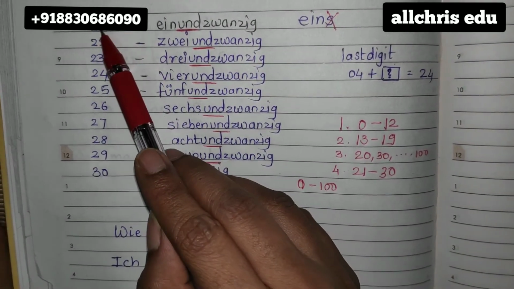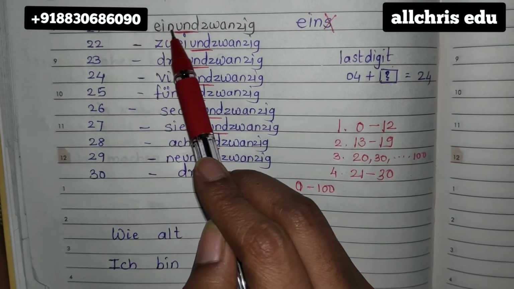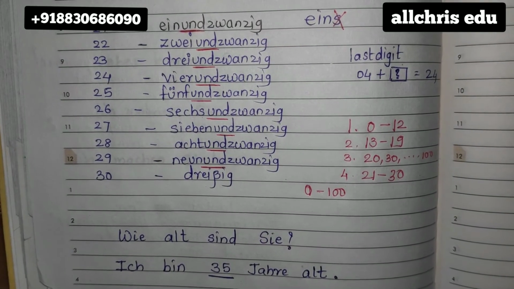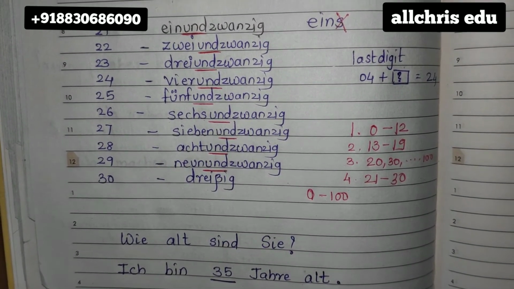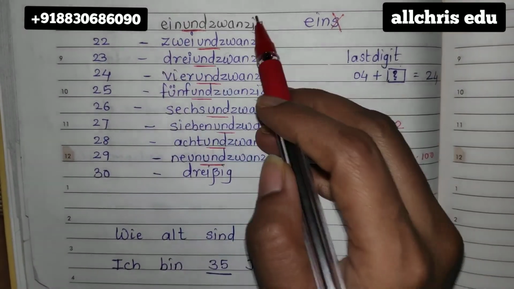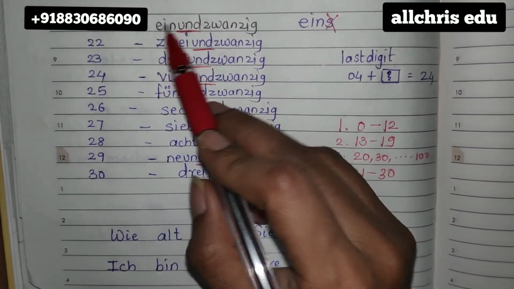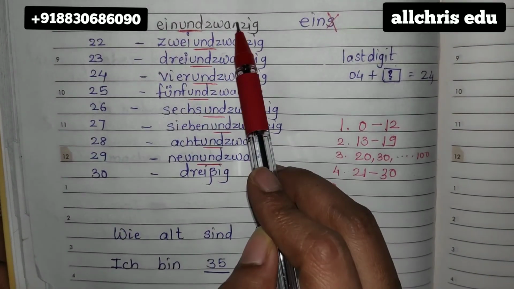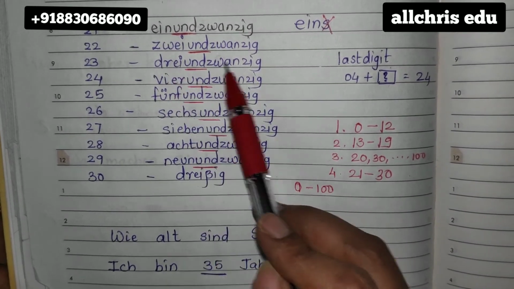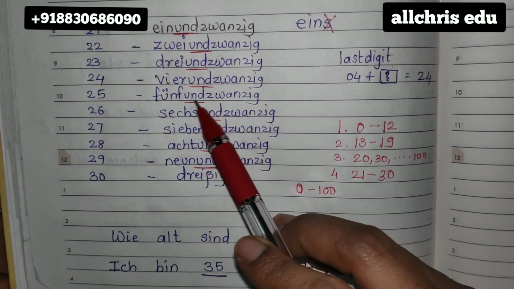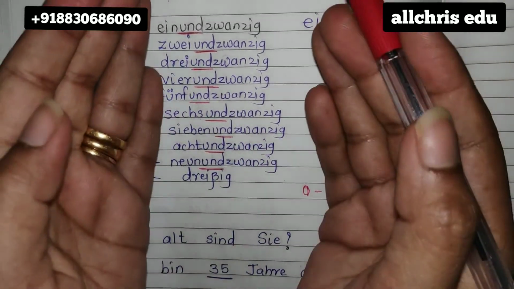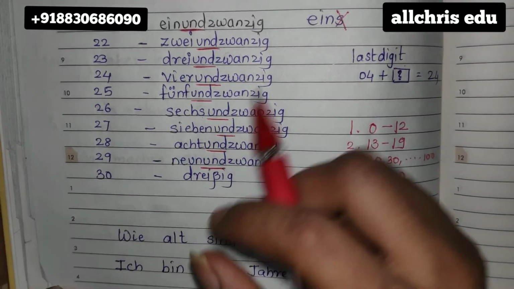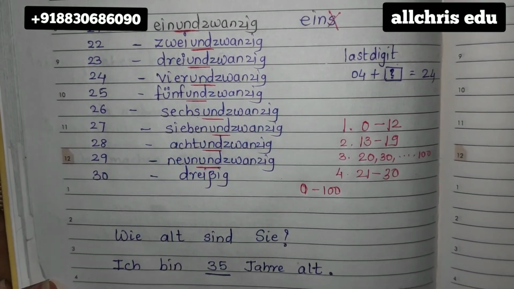Every time, 21, 31, 41, everywhere S will not be there, only ein will be there. 21, 22, 23, 24, 25. When you are writing this vocabulary, it should look like one word. Never write it separately, or your marks are deducted.